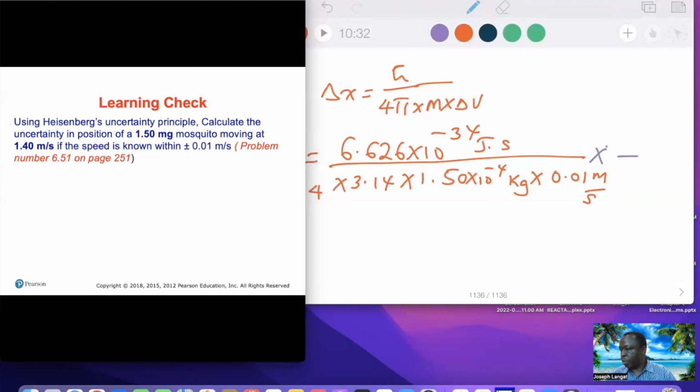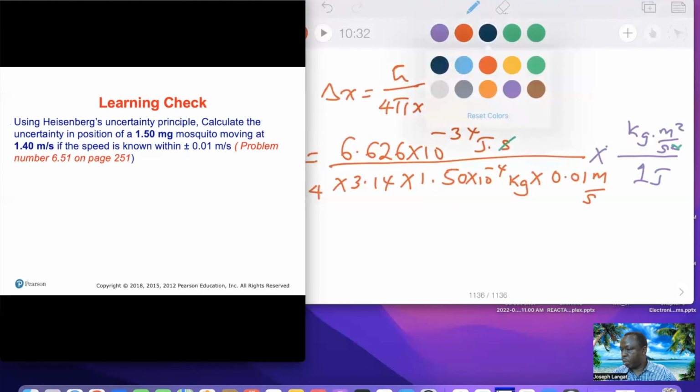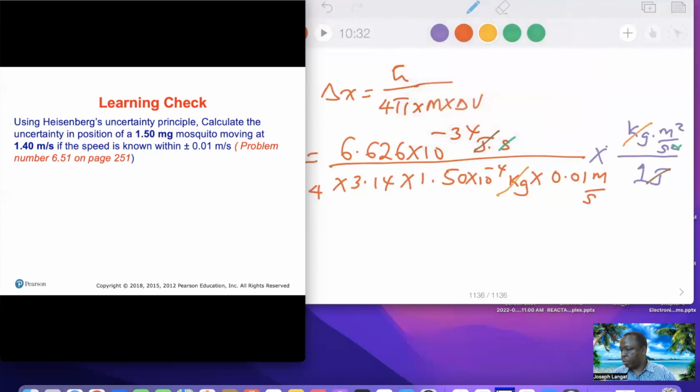Remember, 1 joule is kg times meter squared over second squared, so this and this will go. Second and second go.